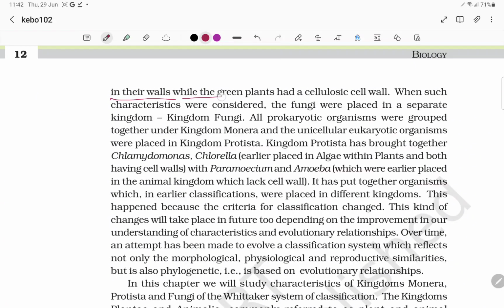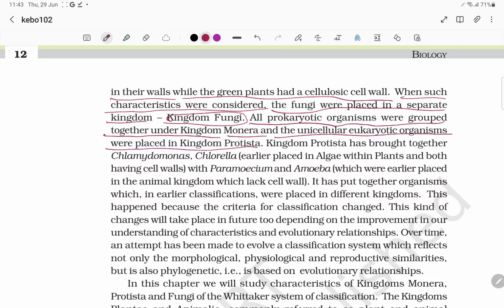When such characteristics were considered, fungi were placed in a separate kingdom, kingdom Fungi, because they are mainly heterotrophic and saprophytic. All prokaryotic organisms are grouped together under kingdom Monera, and unicellular eukaryotes are placed under the kingdom Protista.